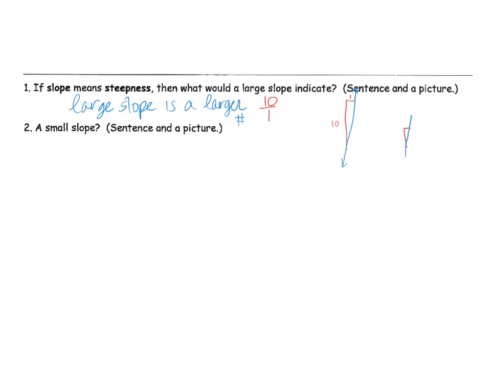What about a small slope? A small number. Give me some examples of small numbers. 2. I mean, 2 and 3, you still have, it's a hill. A negative means downhill. Means I'm walking down a hill. So I don't want that.